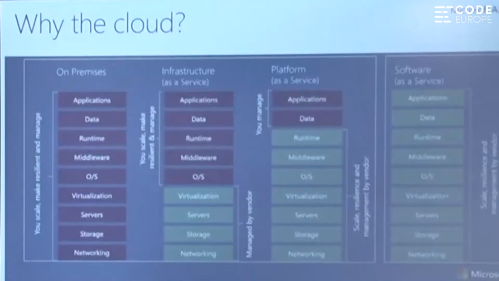So, a brief history of the cloud. In the olden days, pre-cloud, maybe 10 or 12 years ago, you had on-premise servers. If you wanted to do anything, whether it was a web server or something to receive these IoT messages, you had to stand up your own servers or put them in a data center, and you were responsible for all the stuff in purple here: the networking, storage, virtualization, all the way up through your application.